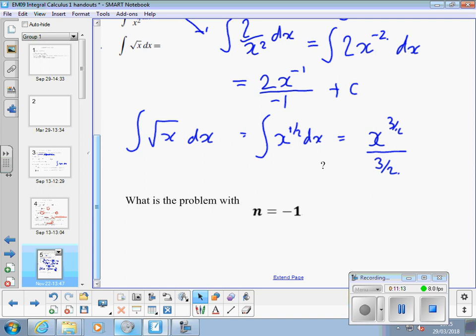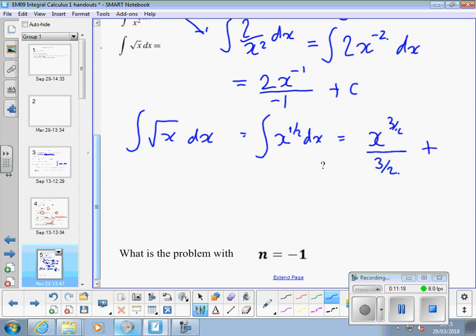That's what it is, all plus c. The denominator divided by 3 over 2, plus c.